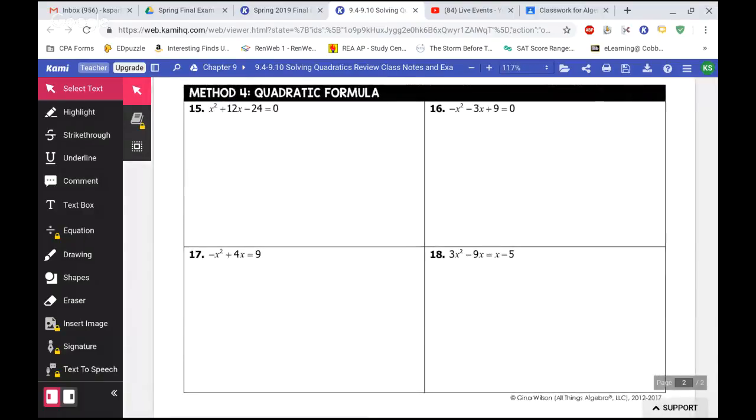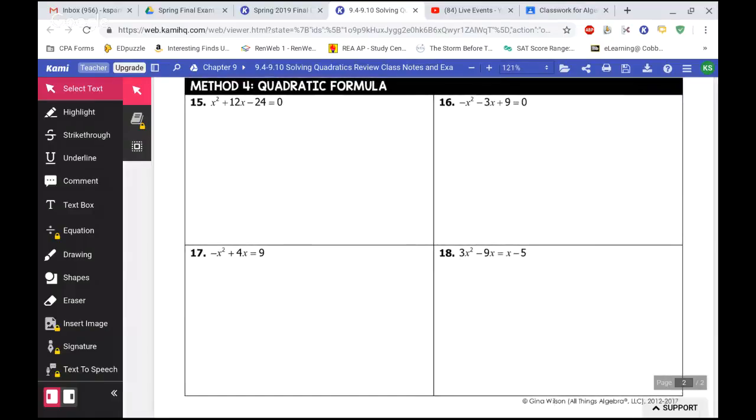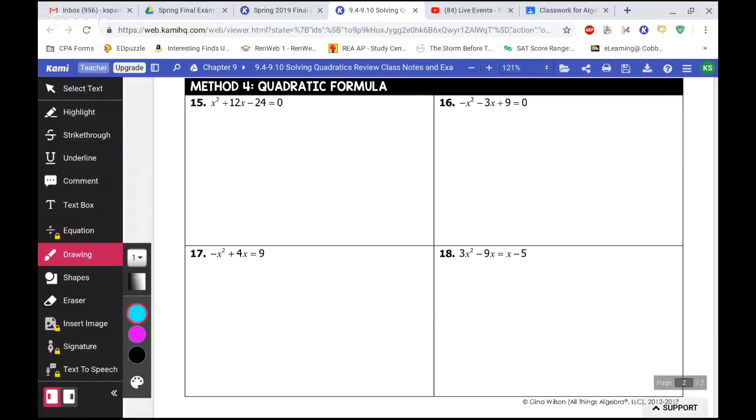Typically what I do when dealing with the quadratic formula is I always identify A, B, and C first. That way, when I'm plugging in, I can be sure of my numbers, because the quadratic formula has a lot of turns and twists to it. But once you get everything plugged in, it's just a matter of math from there. So A on this particular one is -1, B is -3, and C is +9.